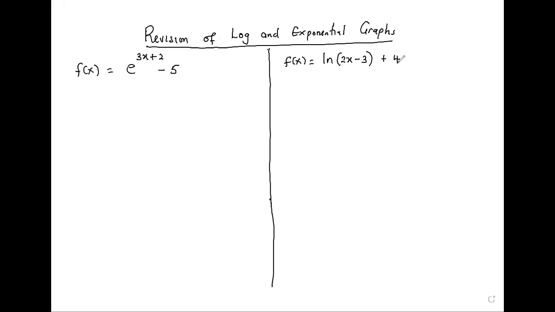I want to see how these two graphs differ. Okay, what is really the difference? How do you approach them?